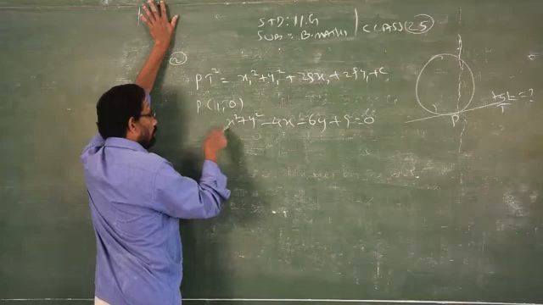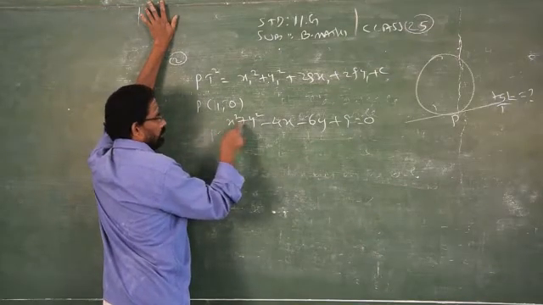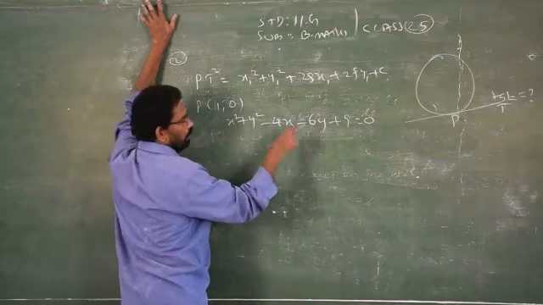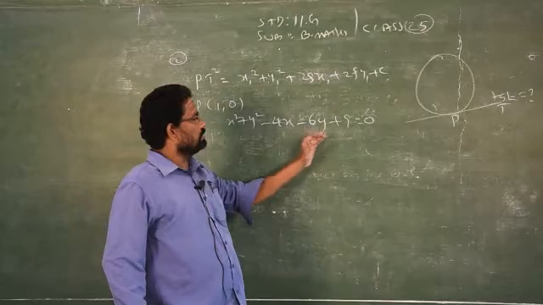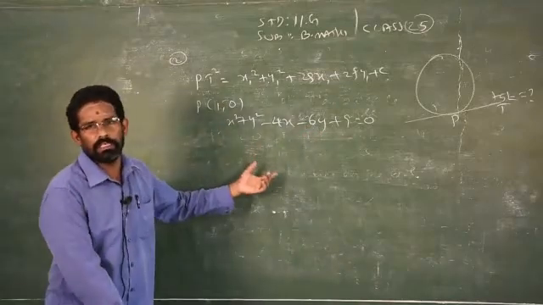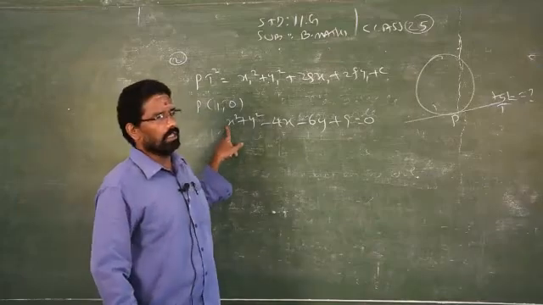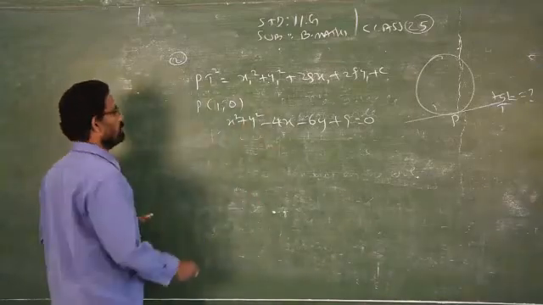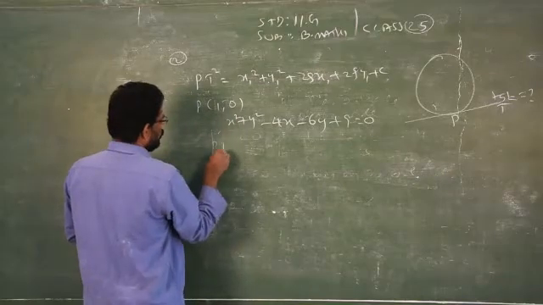Ensure that there isn't any coefficient along with x square and y square other than 1. So it is the general format. No need to rewrite the given equation of the circle into standard form, because there is no number other than 1 along with x square and y square. So just replace x1, y1 by the given values in PT square.